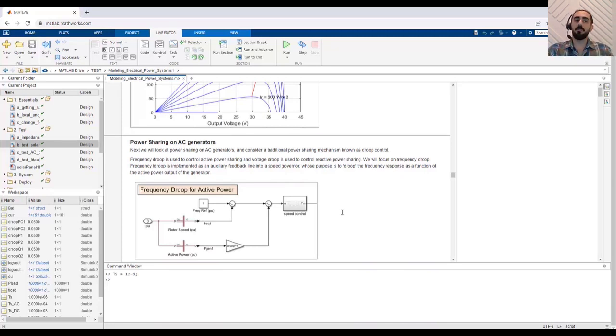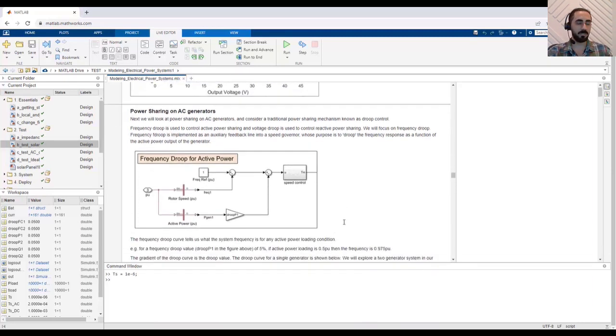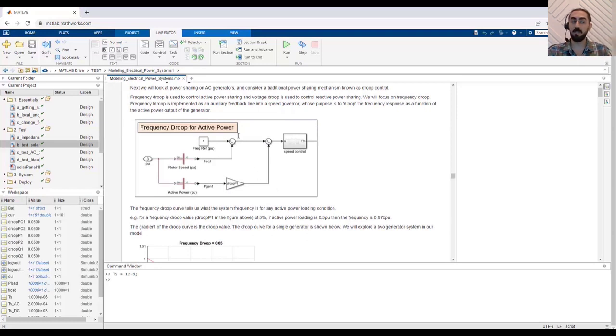As I mentioned, this is for active power sharing. For reactive power sharing, we have the voltage droop for AC, but we're not going to cover that part for the sake of time. But you still have the feature to control the reactive power. We want to focus on the active power in this presentation.